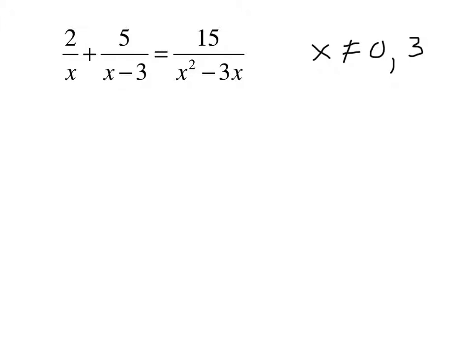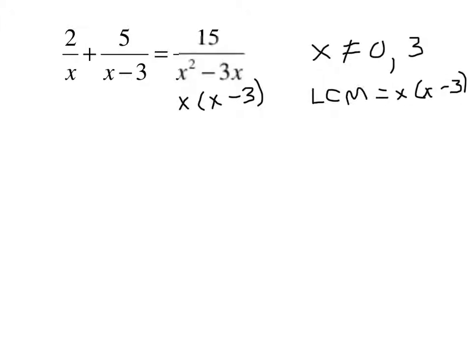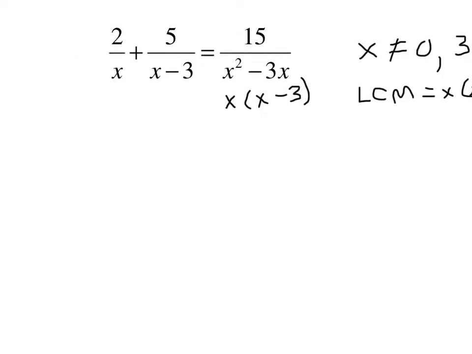So let's clear the fractions here. We need to identify the least common multiple. Let's factor this. It's x minus 3. So our least common multiple needs an x, and it needs an x minus 3. So we're going to multiply both sides of this equation by x and x minus 3.